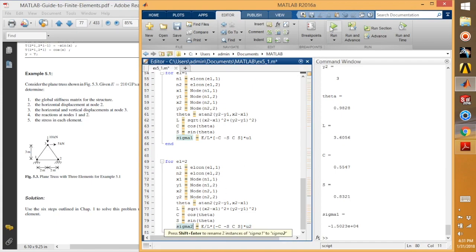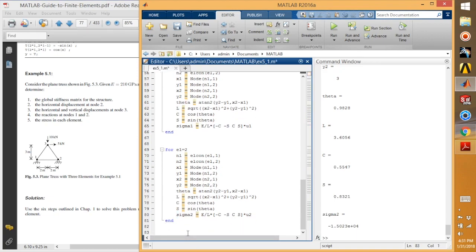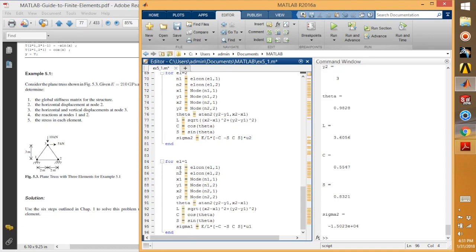So element 2 is minus 1.5023, correct. And the last one is for element 3, sigma 3 and U3.